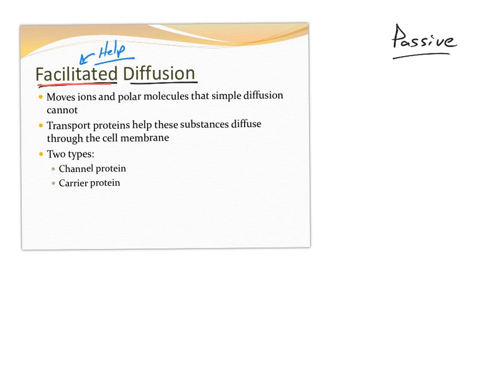So facilitated diffusion is diffusion that requires proteins or help, right? And that's how you move these ions and polar molecules across the membrane. Remember, they won't cross the membrane through just simple diffusion. They need help. And you have an example on those models up there, don't you?